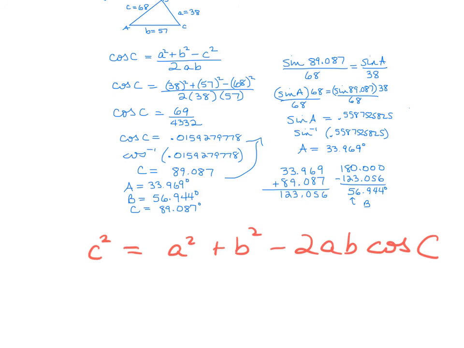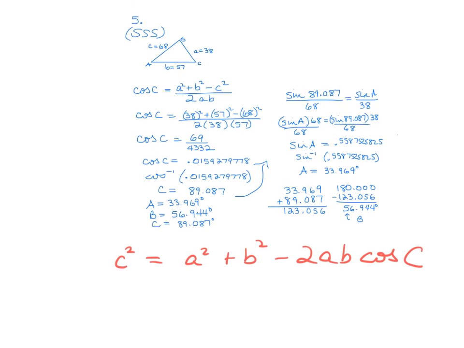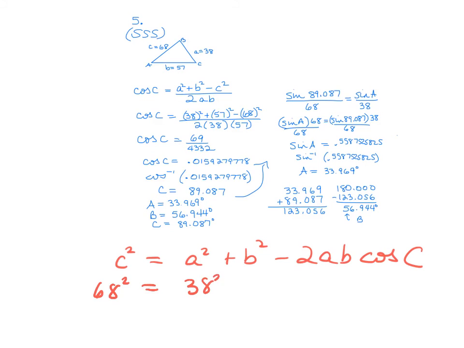And then you would have plugged in the numbers. So c was 68. You would have done 68 squared equals 38 squared plus 57 squared minus 2 times 38 times 57 times cosine c.